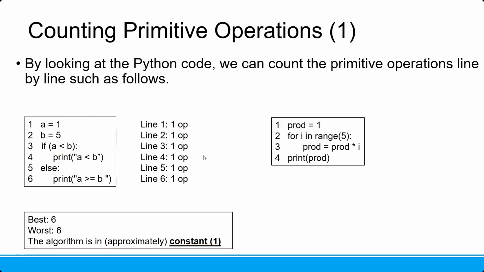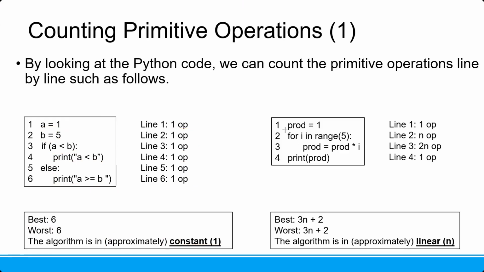What about this? So in this case, we have 1 operation. In this case, we have n operations. So why this n? It depends on the number. If the number is 5, then n equals 5.